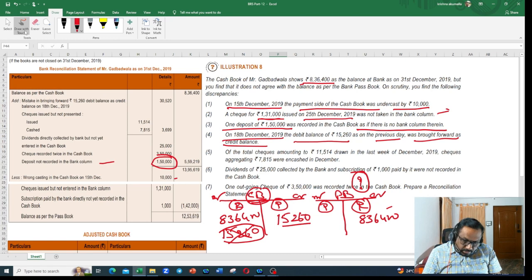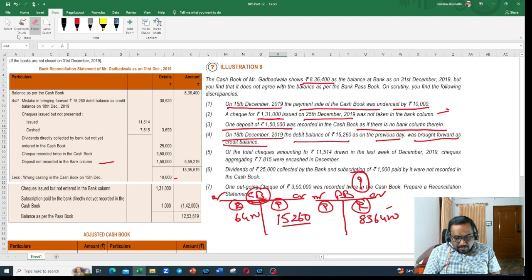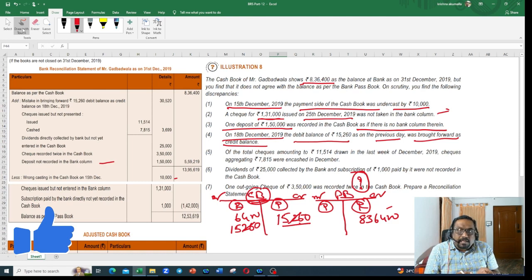You need to first debit this 15,260 here to cancel it. So you have recorded on the debit side, and it got cancelled. But the debit should come, right? You need to put another 15,260.